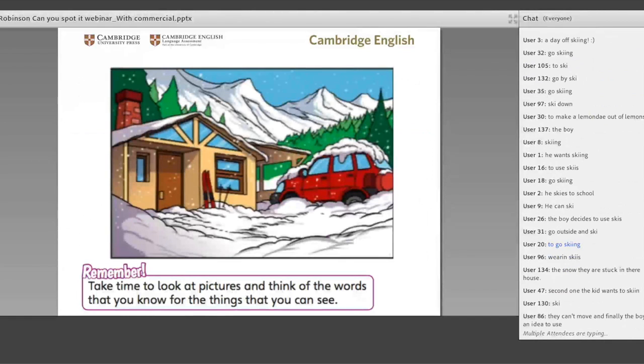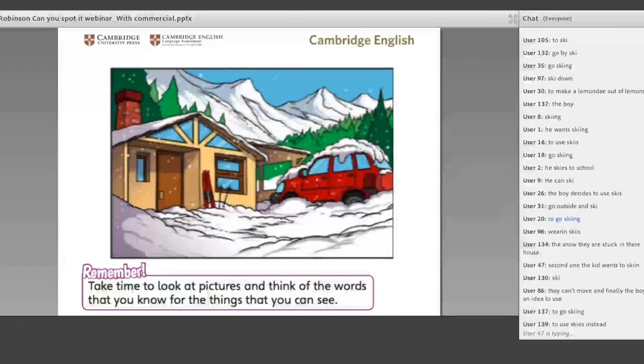Right, now is the point. I'm going to ask you to get that pen and piece of paper. Okay, and I'm going to ask you to quickly as possible, to write down 10 words that you could use to talk about this picture. Okay, write them on your piece of paper rather than in the chat box, please.